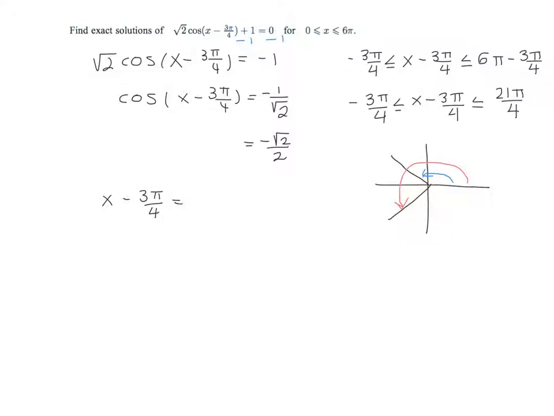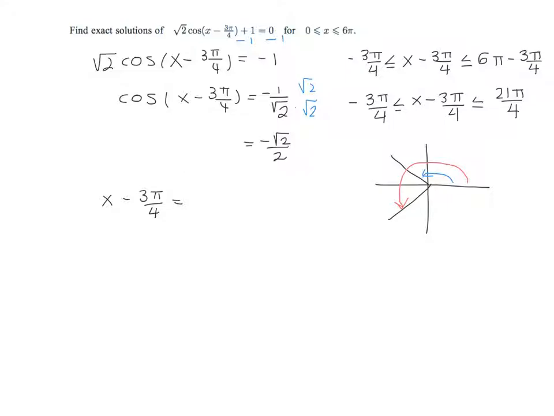Then by dividing by square root of 2 on both sides, we get cosine of x minus 3 pi over 4 is equal to negative 1 over square root of 2. But if we rationalize this by multiplying by square root of 2 on both top and bottom, we get negative square root of 2 over 2.